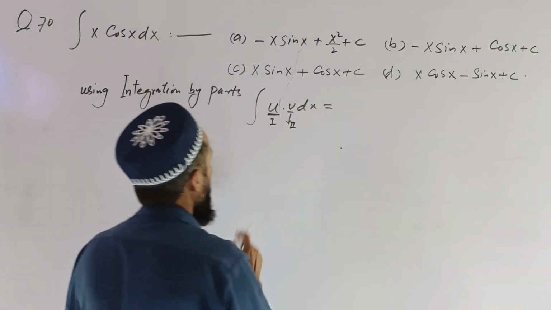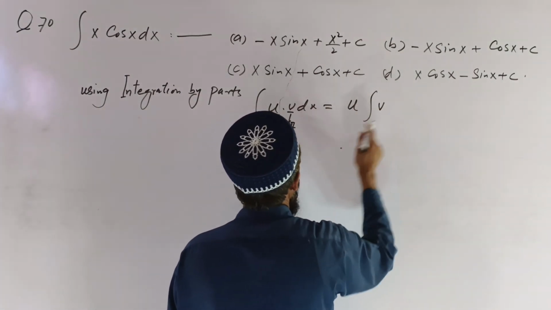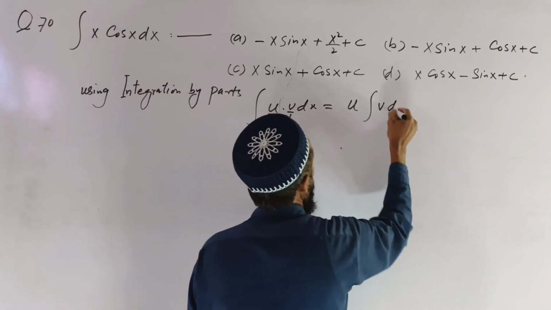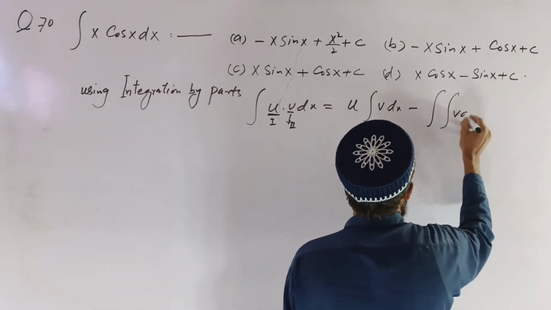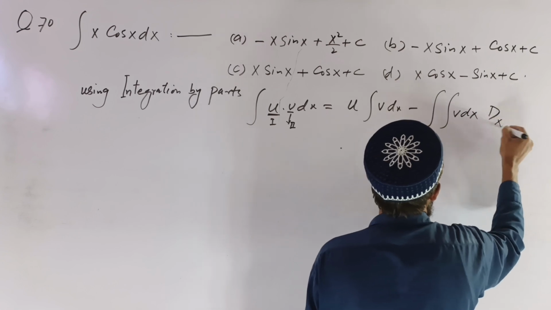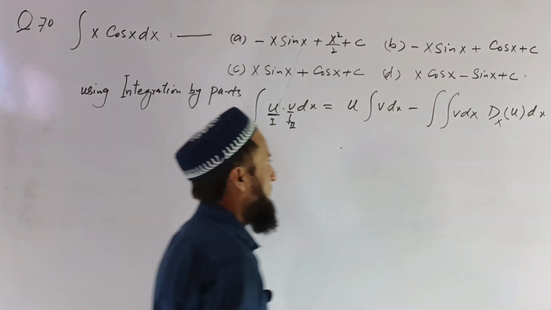We take u outside the integration, and for the second function we take its integral, minus the integral of the derivative of the first function times the integral of the second function dx. We are using this formula.